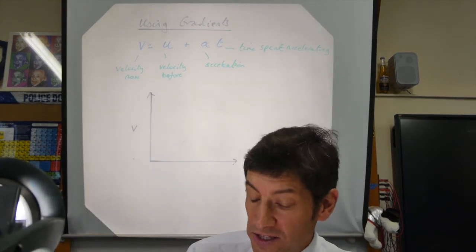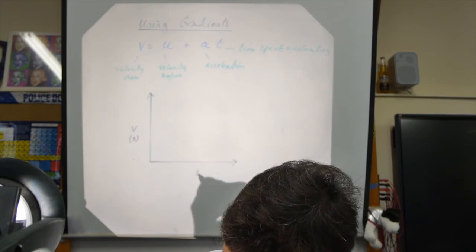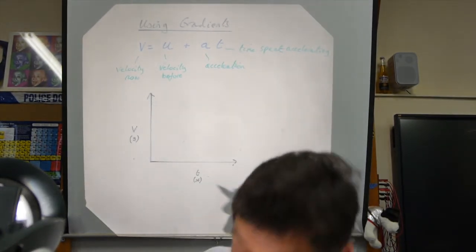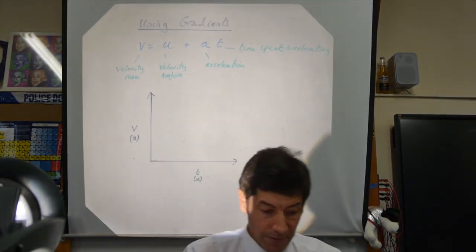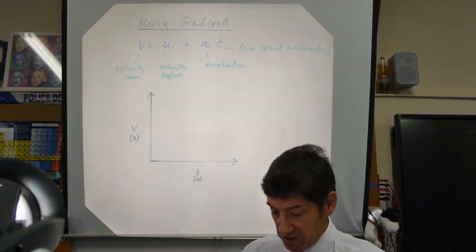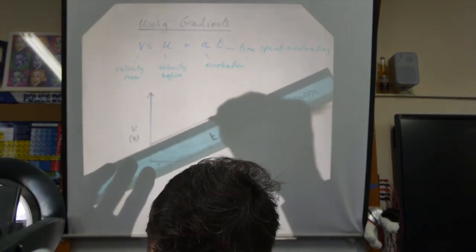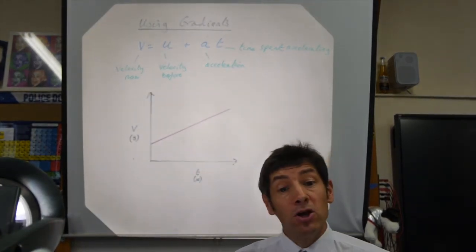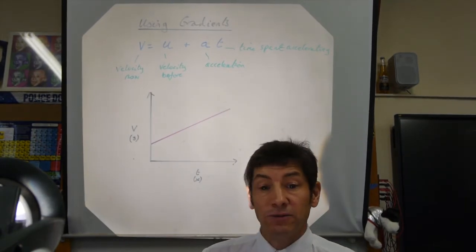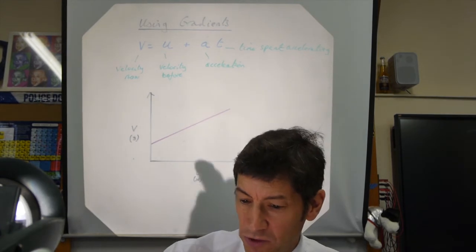So there's the velocity, which is our y value, and here's the time, which is our x value. Okay, and we were trundling along, and then we speeded up with a constant acceleration. Okay, so let's look at this in a little bit more detail.